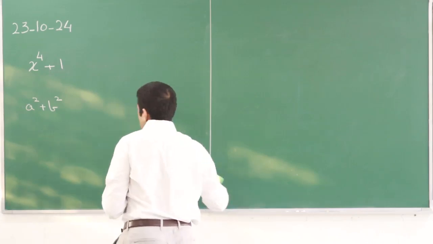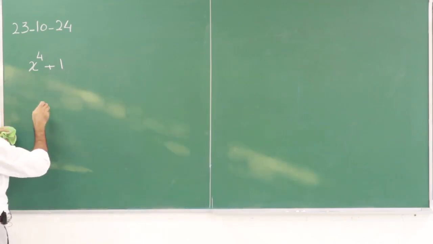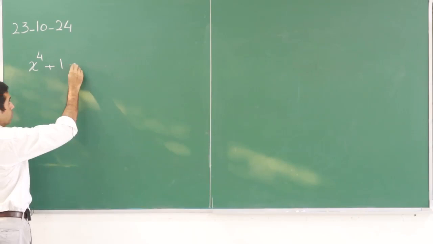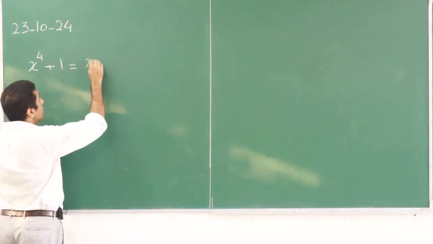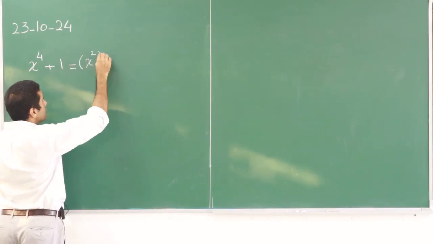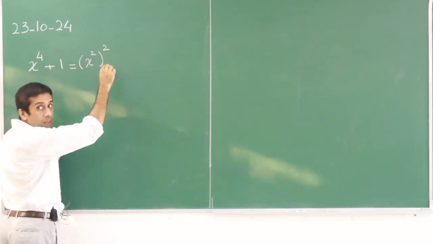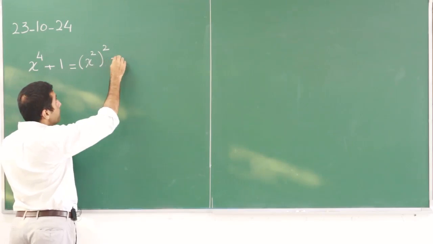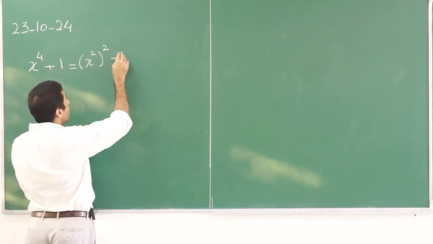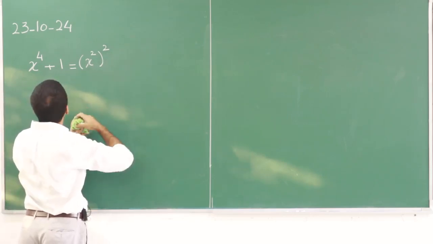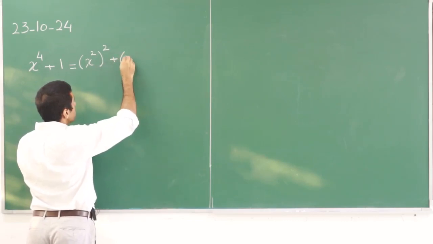I'm confused. So x squared squared. So this is equal to, should I write it equal to? Okay. So this would be x squared squared, then, oh, so then you'll say plus minus 1 squared.